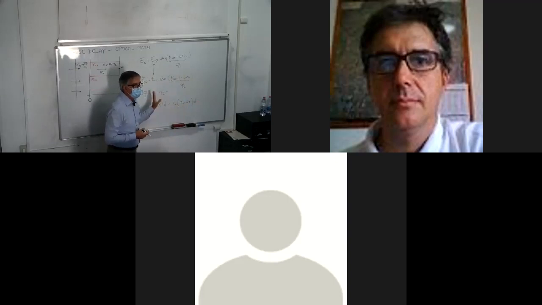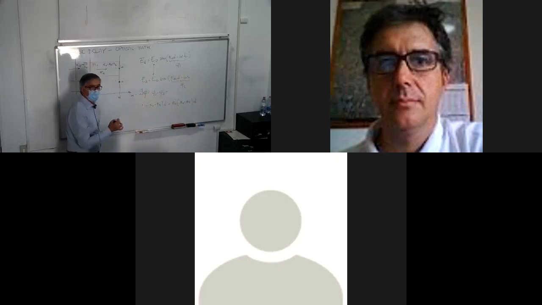There is no phase difference. What does it mean that there is no phase difference? That this is a flat wavefront. The field is the same here and here. If the two refractive indices are not the same, the phase here and the phase here are different, and the field is not the same in the two regions. There is a difference.